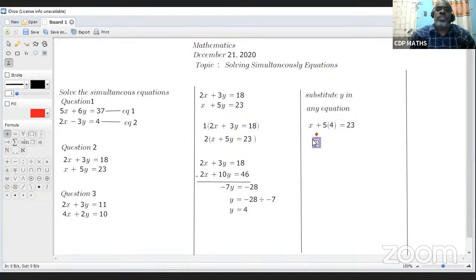This is easy: x plus 20 equal to 23. Then of course we know that x must be equal to 3. So to show we're working, 23 minus 20, and therefore x is equal to 3.